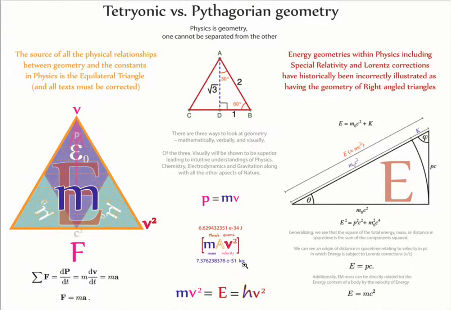Again, all formulations of energy within Tetrionics take the form of mass alpha nu squared, which of course can be read as Planck's constant by quanta squared for the scalar field, or again the mass velocity squared of the field for the classical scalar energy of the system, with momenta being the square root of scalar fields.